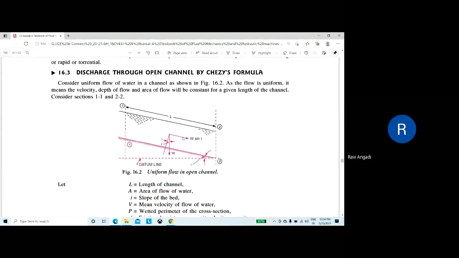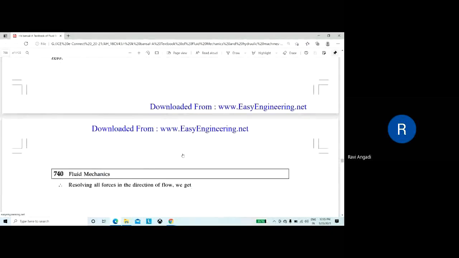Yesterday we discussed the discharge through an open channel by Church's formula. We derived the equation for the velocity of flow through the channel. That was Church's equation.